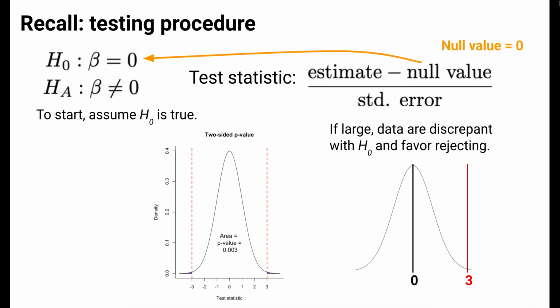This two-sided area is called a two-sided p-value, and when the p-value is lower than a predetermined significance level, alpha, we reject the null, concluding that we have evidence for a non-zero broader population effect. Otherwise, we fail to reject the null, concluding that there's not evidence to say that there is a non-zero broader population effect.